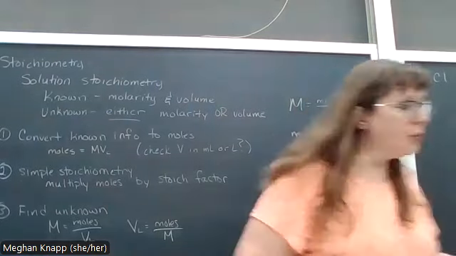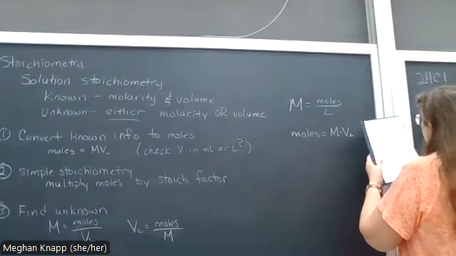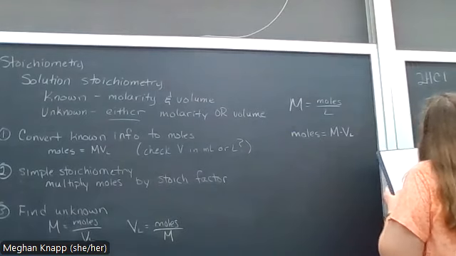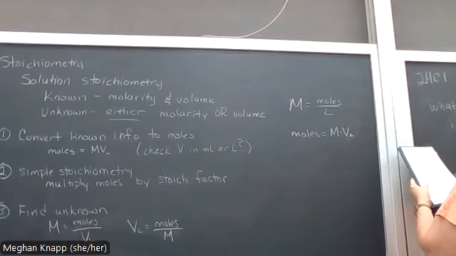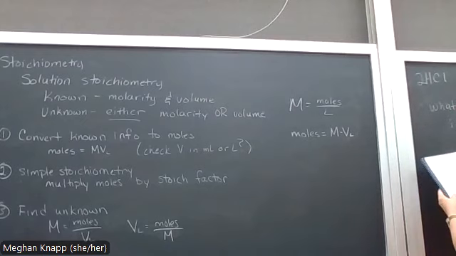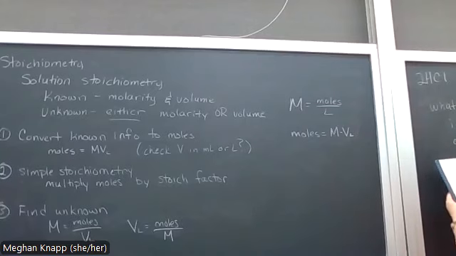Okay. So what is the concentration of HCl, that's what we're looking for, if 21.50 milliliters of CaOH2 with a concentration of 0.022 molar neutralizes 15.00 milliliters of HCl.